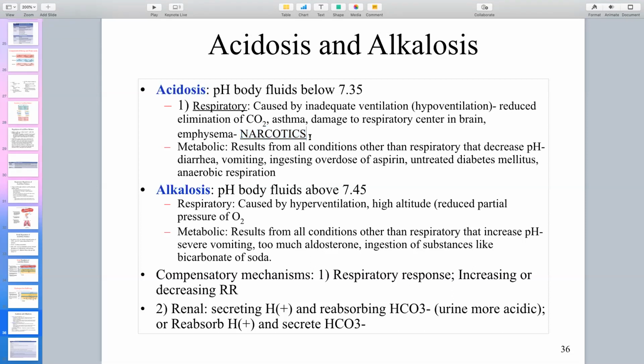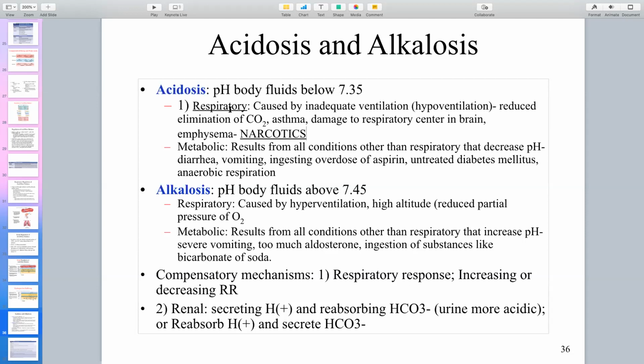Now, what kind of response should we see? There's two responses, respiratory and renal. Well, we know when it's a respiratory cause, we shouldn't have a respiratory response. If we did have a respiratory response, would we have the problem to begin with?